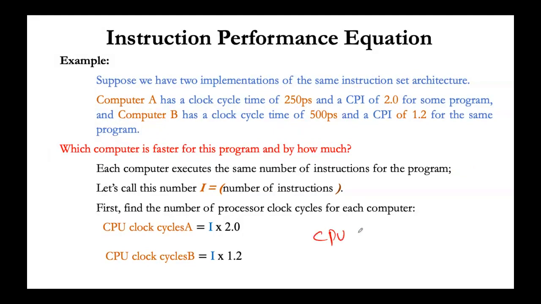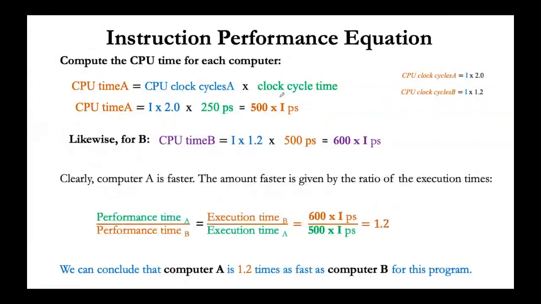That the CPU time is equal to the instruction count multiplied with your CPI, cycles per instruction. Similarly for B, it is the instruction count multiplied with 1.2. So we assume the number of instructions is the same in that program for both the computers. Then you can compute the CPU time.